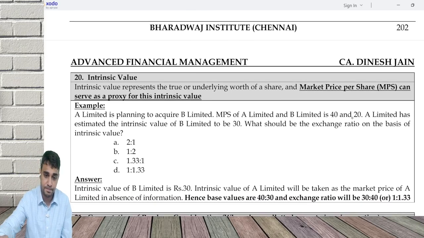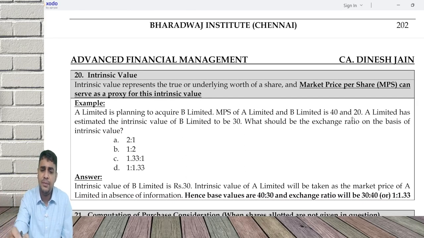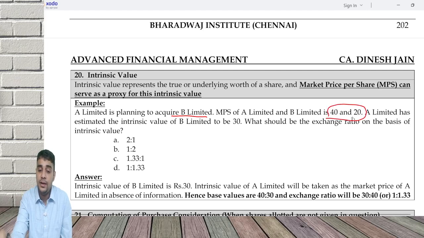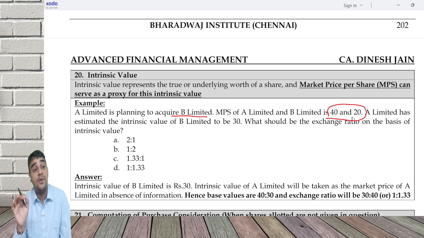Example, A Limited is planning to acquire B Limited. The market prices of A and B are 40 and 20, but A Limited is saying the intrinsic value of B Limited is 30. Price is 40 and 20, but the intrinsic value according to you is 30 rupees for the other company.